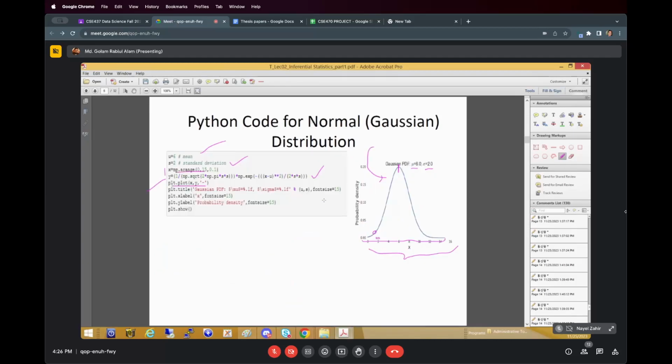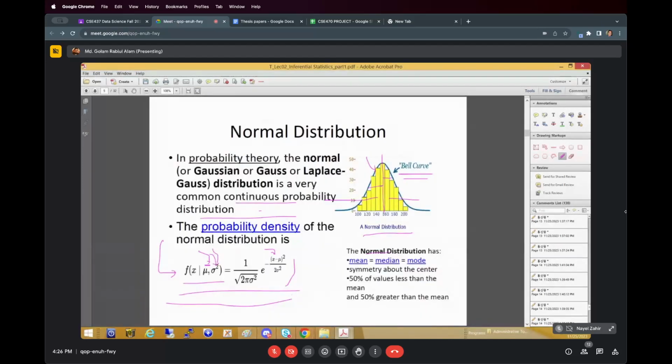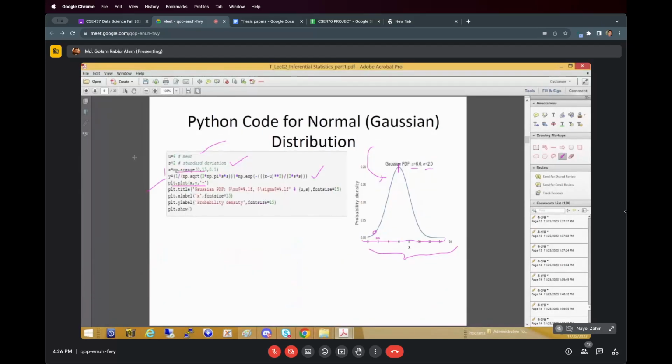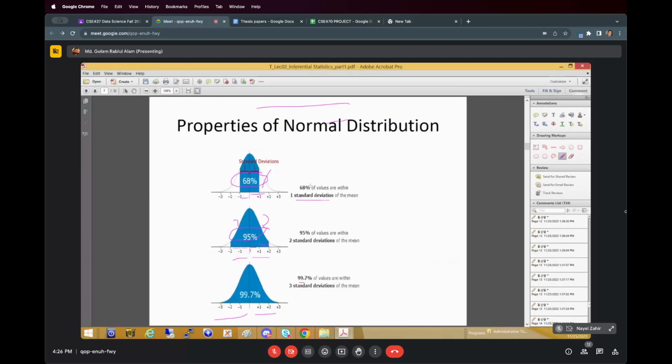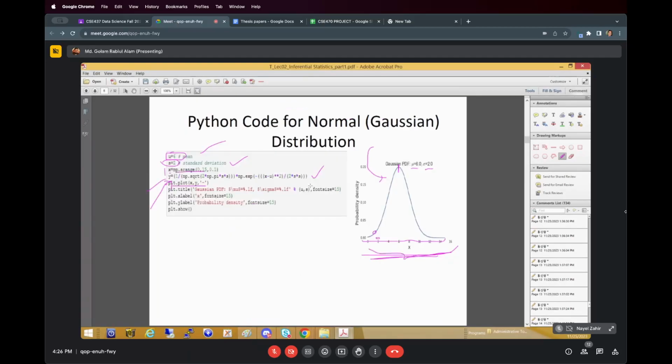We will have a more generalized formula also. Now, how can we plot a normal distribution or Gaussian distribution? If we define sigma, and then for X, maybe the data is 0 to 15, for each and every X we can determine the Y, that is the probability density.